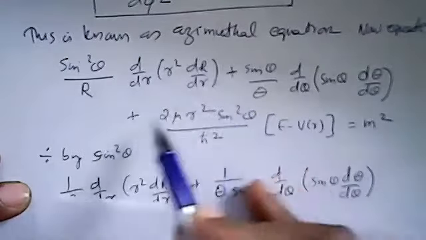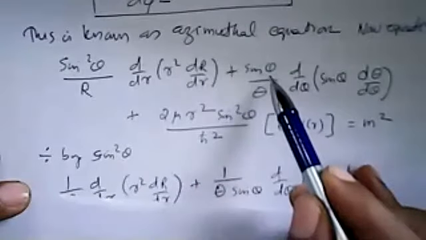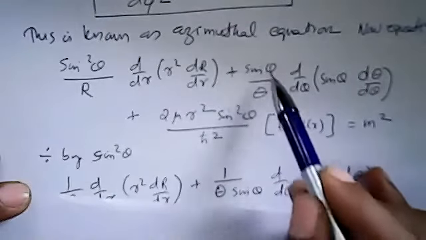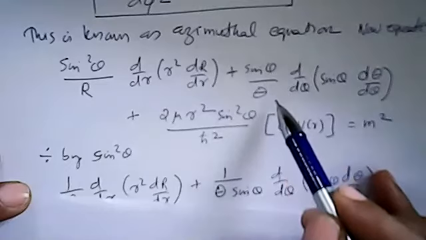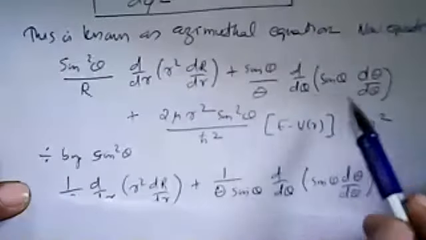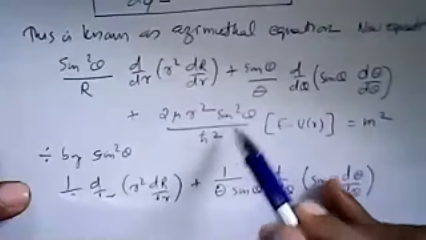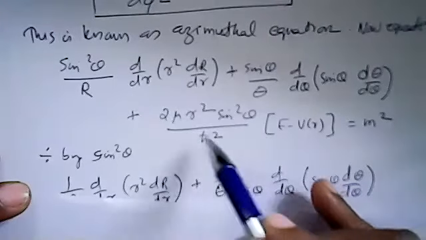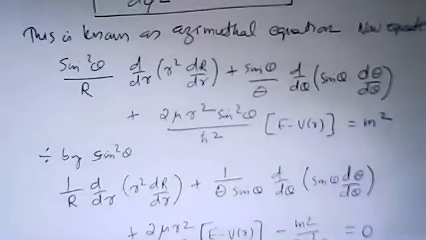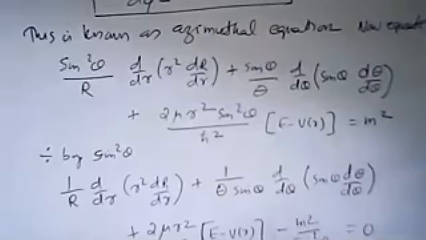Only the r remains here. Now here one sine theta will cancel and the denominator will have one sine theta. Then here sine square theta will cancel fully. So this also becomes that of r square term.